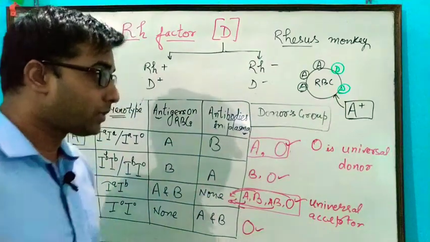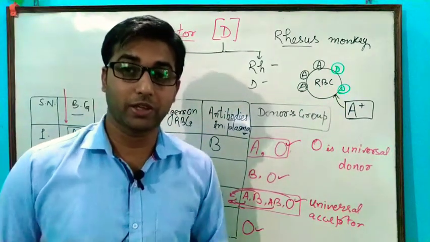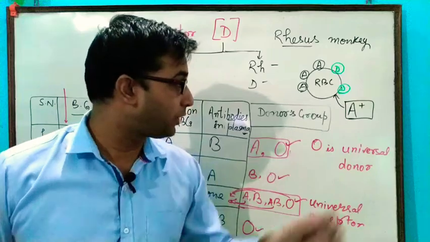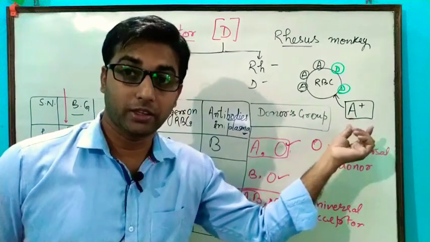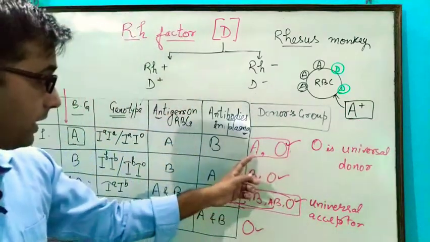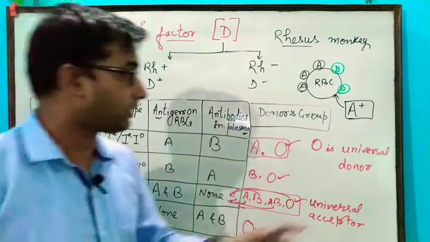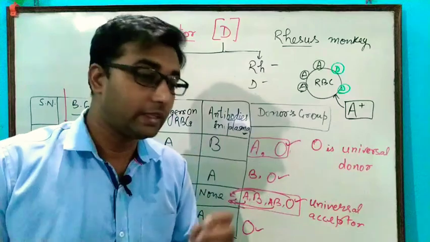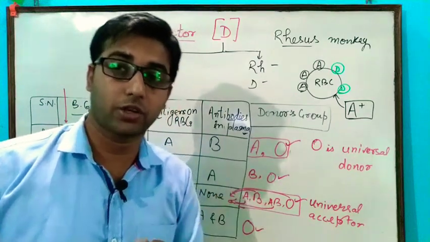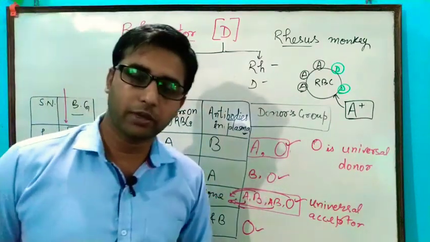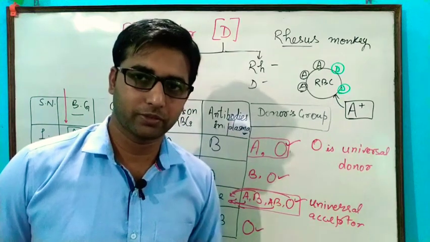Okay, so during blood transfusion, this is taken into prior consideration: although the A blood group can donate blood to the A blood group, the Rh quality will be checked. This is taken into consideration before transfusion, otherwise coagulation may take place.